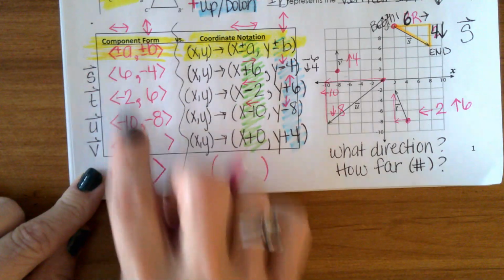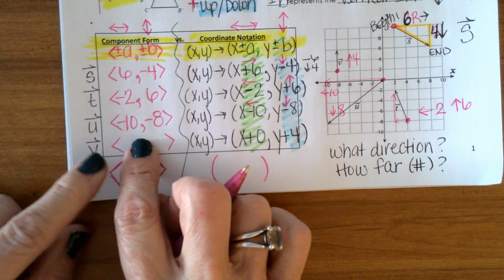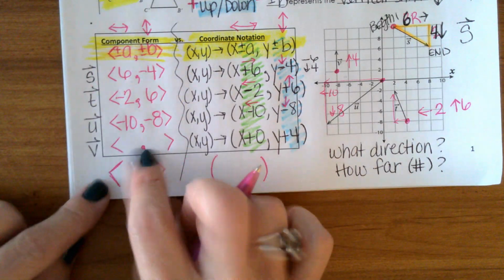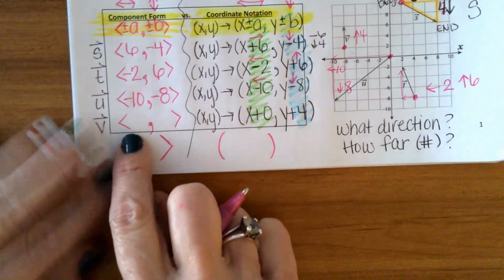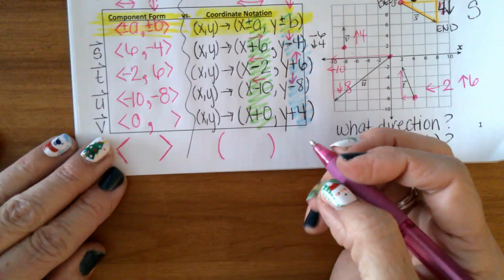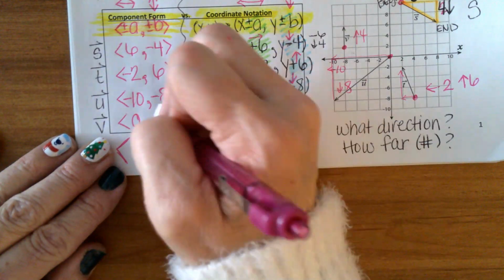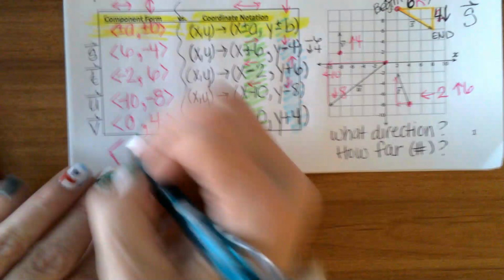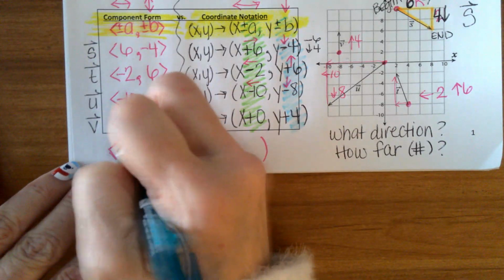These are not ordered pairs. This is movement along a number line. That's what this is, movement on a number line. Okay, and then here, I'm not moving left or right at all, but I am adding 4 so that I can go up. Okay, so this is your movement.